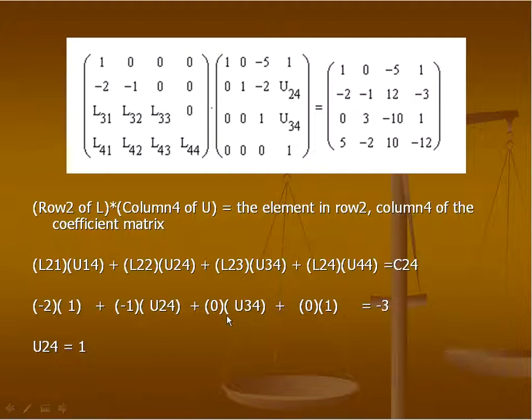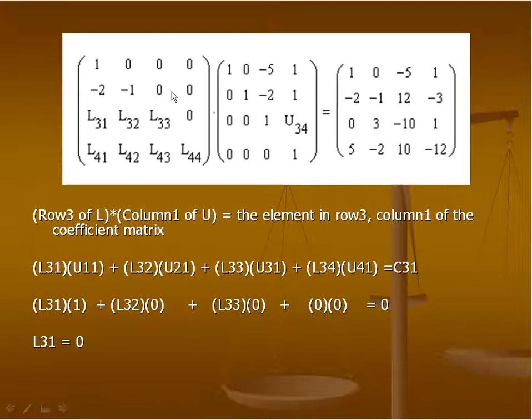Okay? A little tiny bit more algebraic manipulation this time, but nothing that you can't do. So U24 is equal to 1. And I'll plug that in right there. Now we're done with rows 1 and 2, and we move on to row 3.